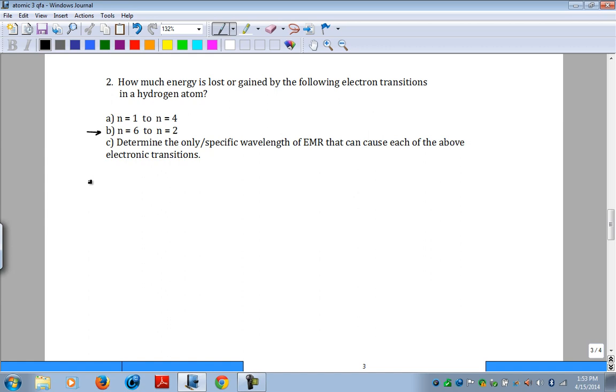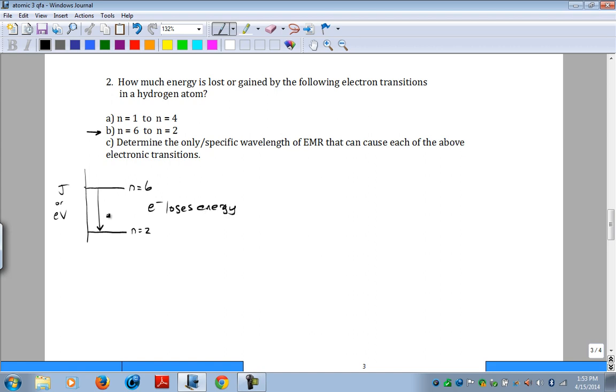The electron starts at the n equals 6 level, some excited state, and it gets closer to the nucleus, more attracted, loses positional potential energy. So the electron loses energy, goes to a lower energy level.